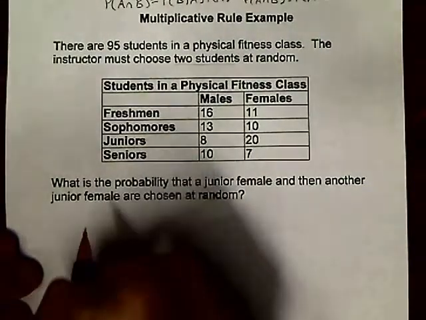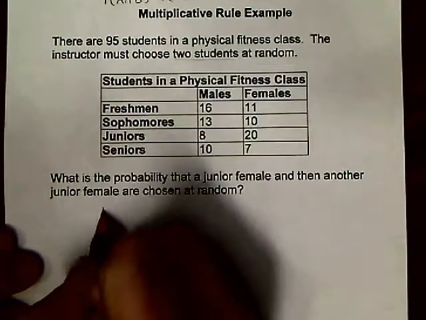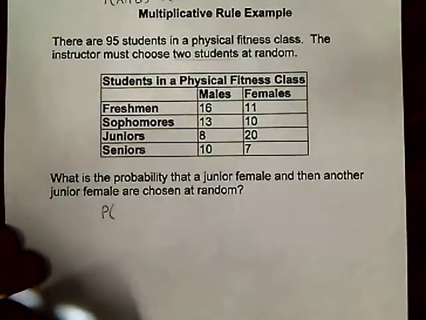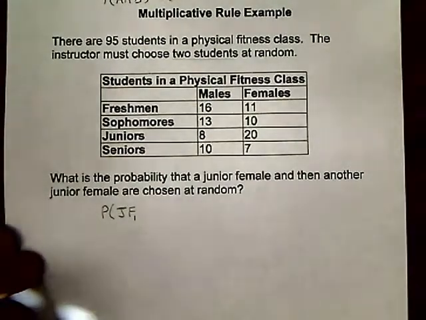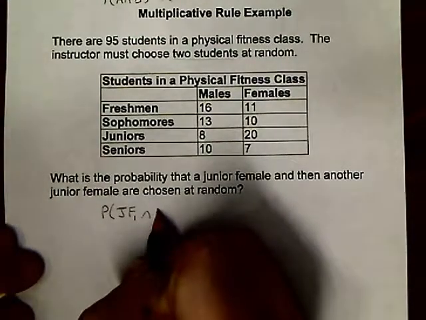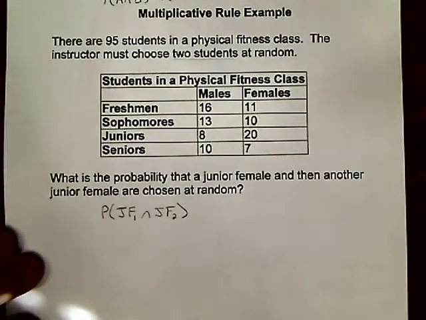So what's going on here is basically the probability of the intersection of two events. So the first event is that a junior female is chosen on the first draw by the instructor, and then a junior female is chosen also on the second draw by the instructor.